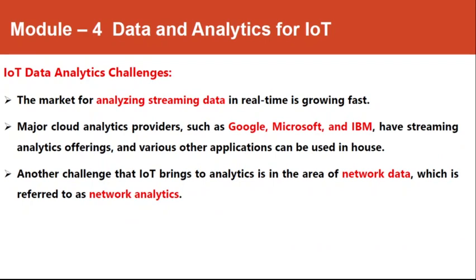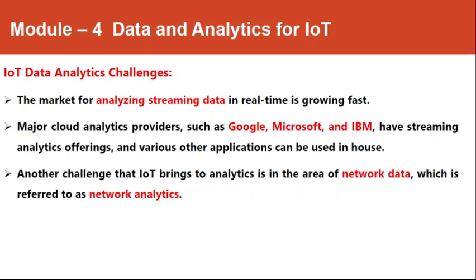The market for analyzing streaming data in real time is growing fast. Major cloud analytics providers such as Google, Microsoft, and IBM have streaming analytics offerings, and various other applications can be used in house. Another challenge that IoT brings to analytics is the area of network data, which is referred to as network analytics.